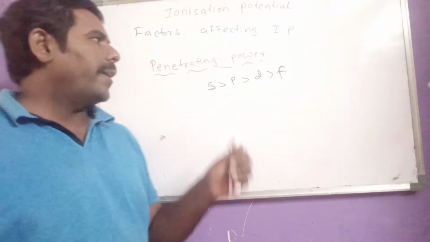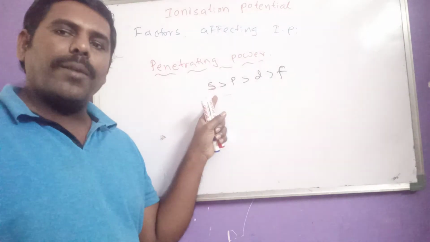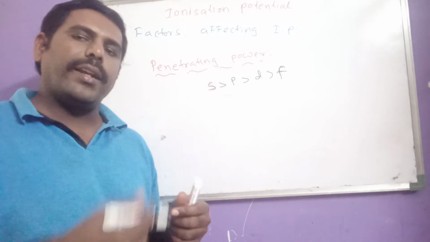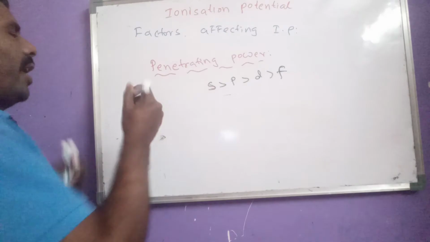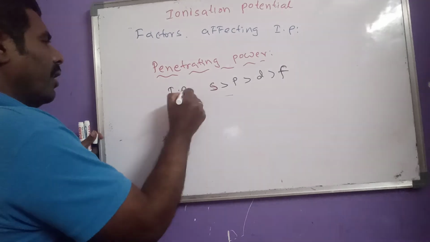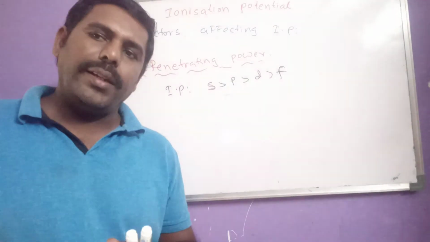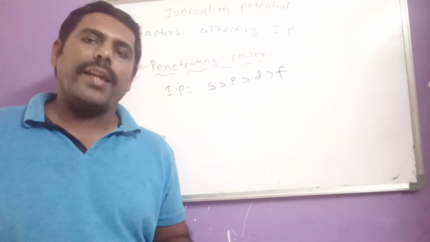That means to remove an electron from the s subshell, we have to give more energy. So ionization potential also follows the same order: s greater than p greater than d greater than f.